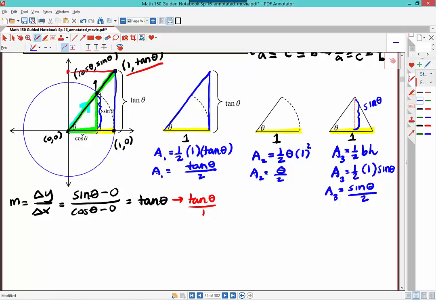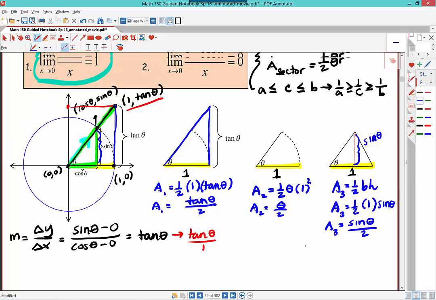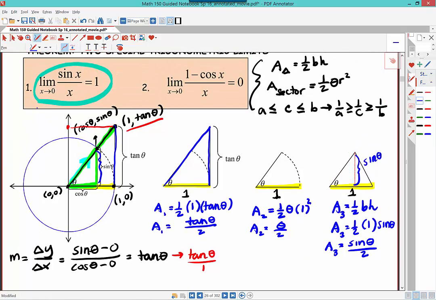Now you might wonder why the heck are we going on about this. Basically, we're looking at showing that this limit as x approaches 0 of sine of x over x has an output of 1. So basically, we want that sine function to be in the middle.